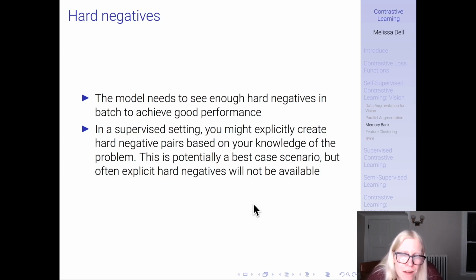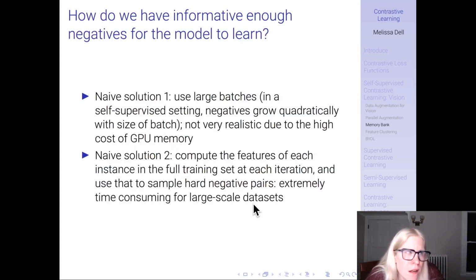But obviously, if you're in a self-supervised setting, you won't necessarily know explicitly, based on external information, what is a hard negative. And so how do we have enough information for the model to learn? The naive solution 1, which is what SimCLR did, is just to use very large batches, because in a self-supervised setting, negatives grow quadratically with the size of the batch.